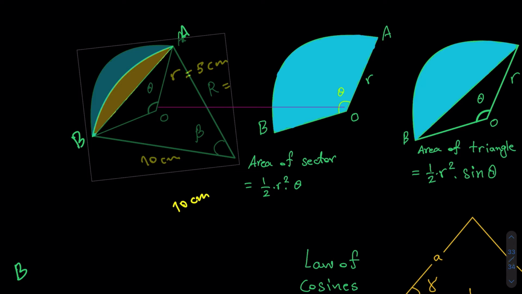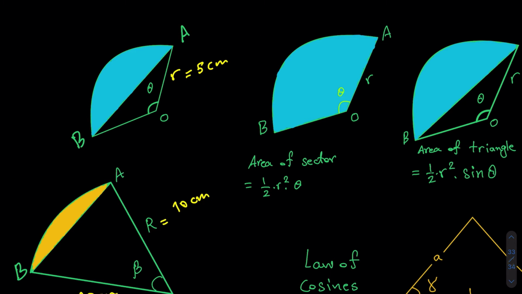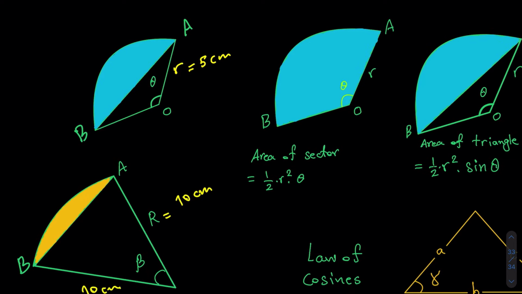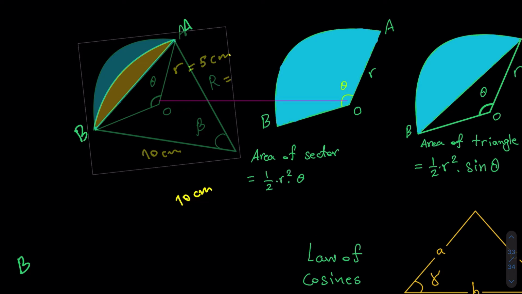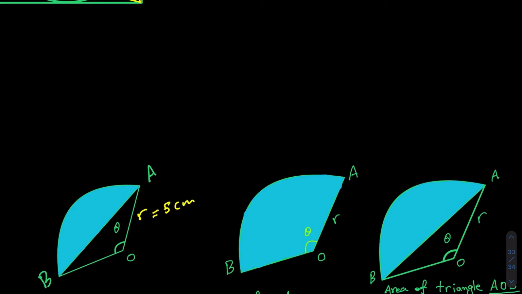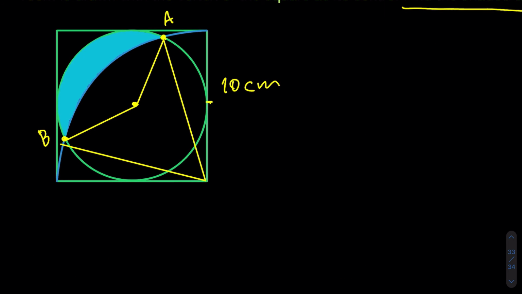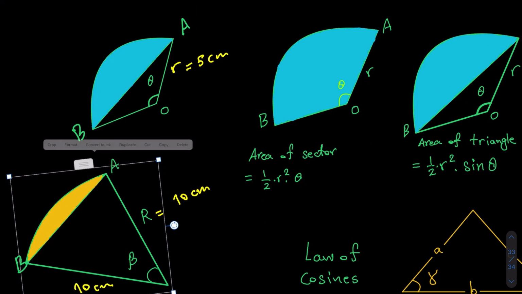So that means if I can calculate this blue area, and if I can deduct this yellow part from that, I will get what I'm supposed to find here. I will be left with this blue part, right? So this is how we can solve this problem.